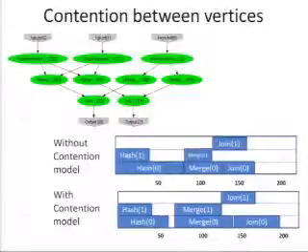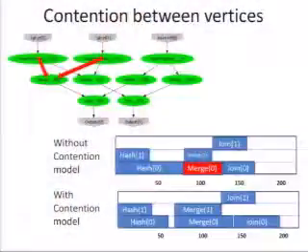One important aspect of scheduling the whole data flow graph that I haven't mentioned so far is that there's another problem, which is contention between vertices. This is the chart showing the join example being scheduled. Without the contention model, we have a certain runtime prediction for that merge vertex and for that one.